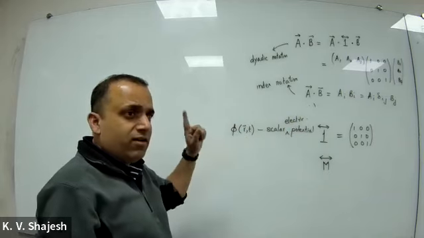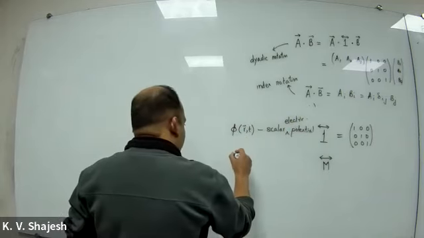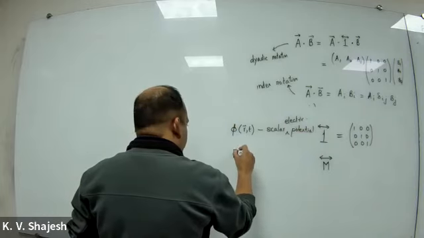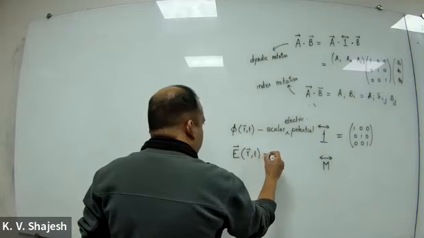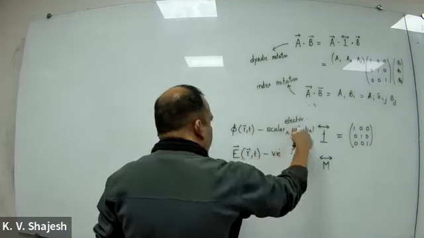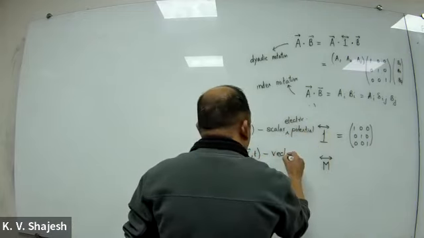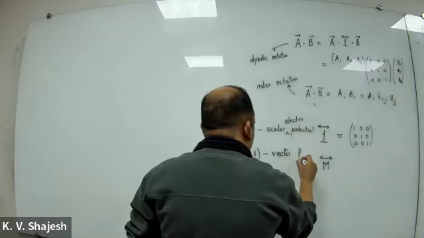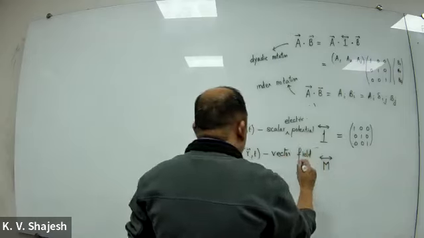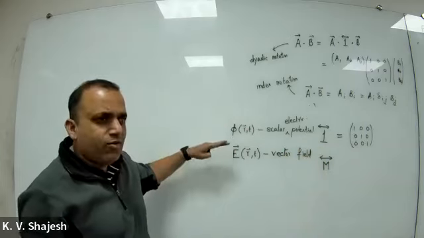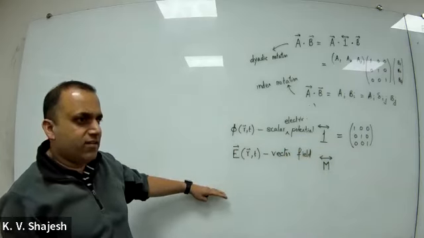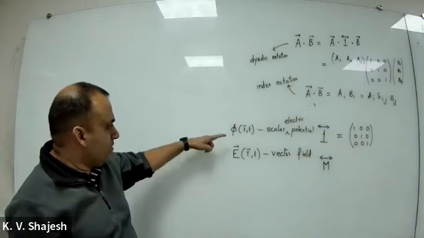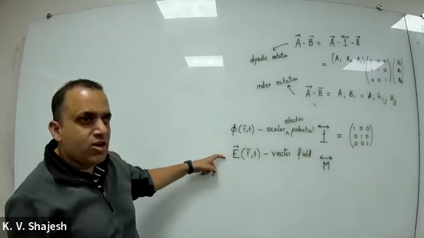That's scalar. Next comes a vector field, right? So this is a vector field, or electric field. Scalar, vector. A higher quantity in the tensor quantity will be, so this is 1 component, 3 components.